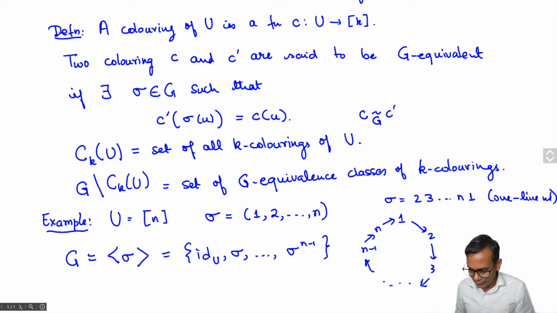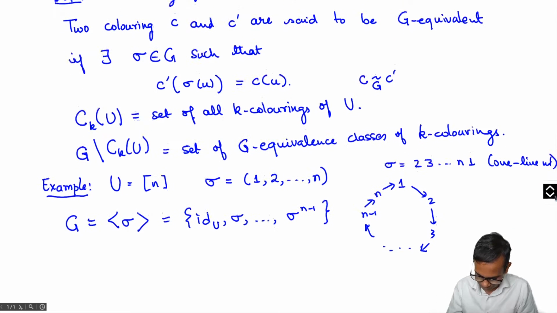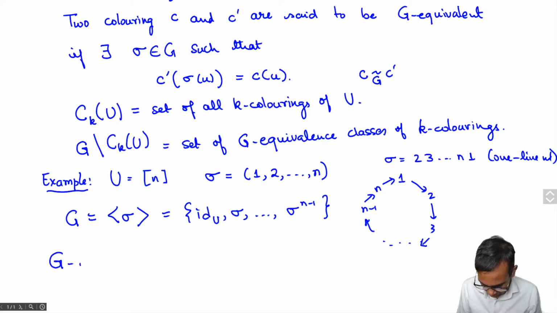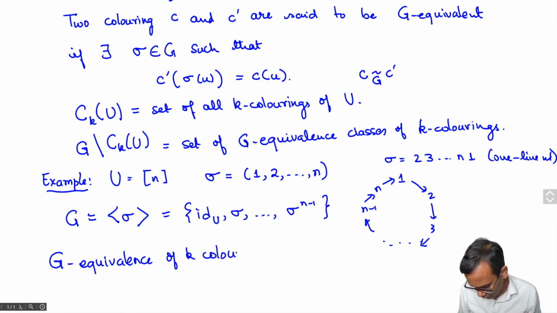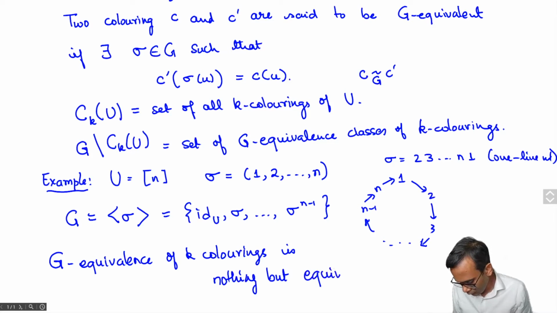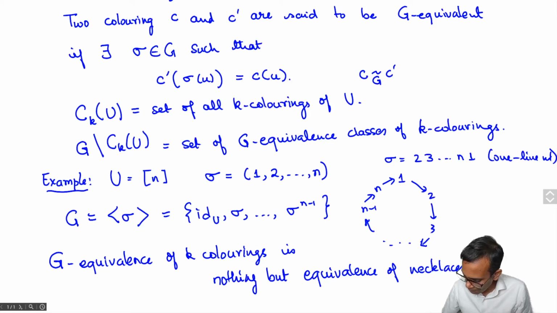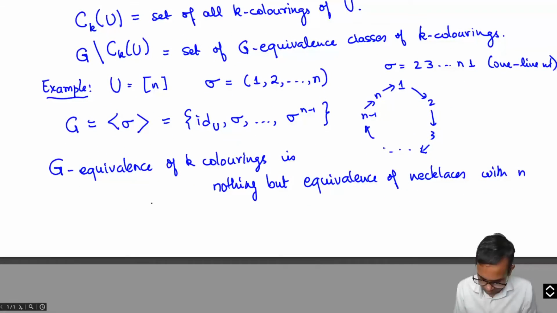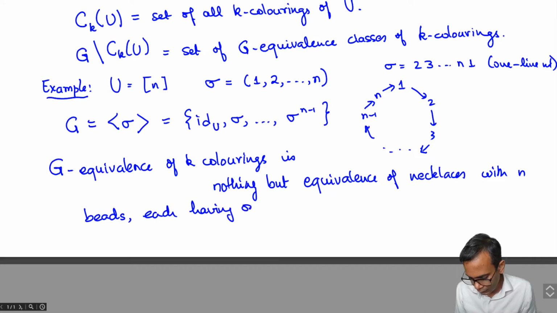So G equivalence of K colorings is nothing but equivalence of necklaces with n beads, each having one of K possible colors.